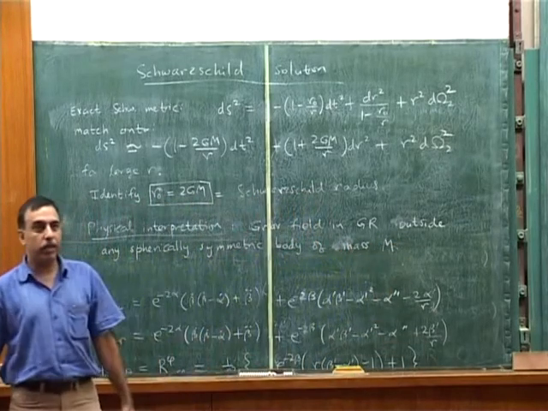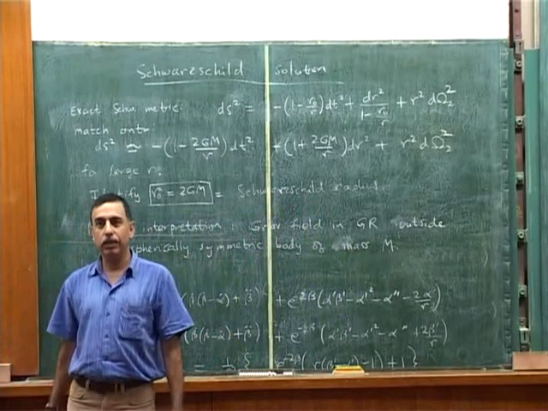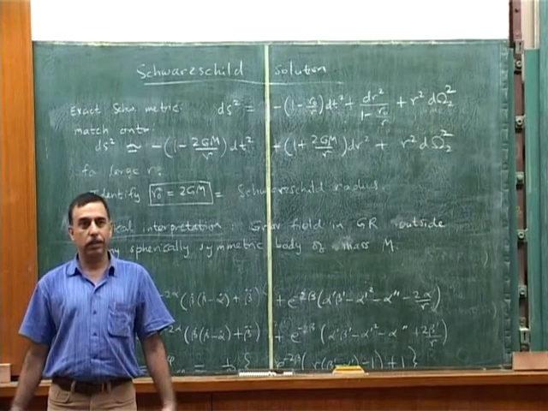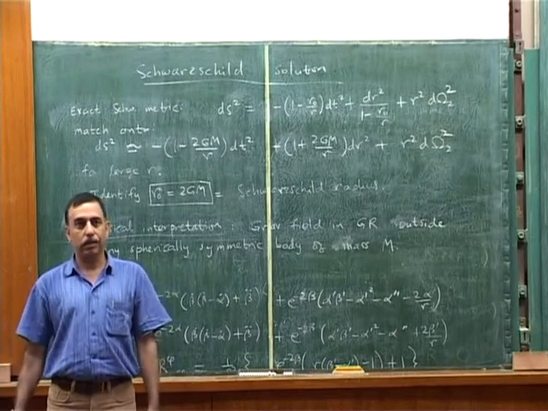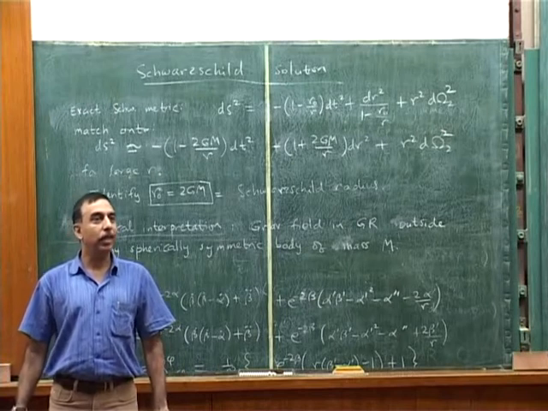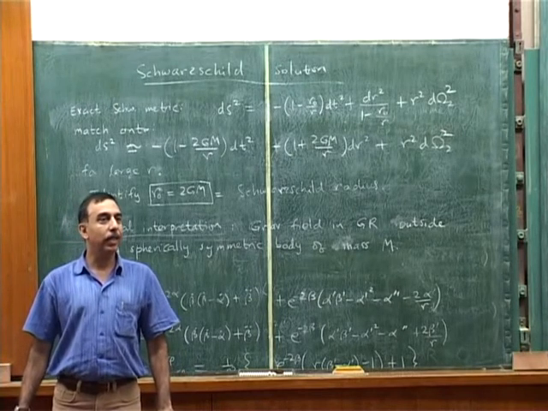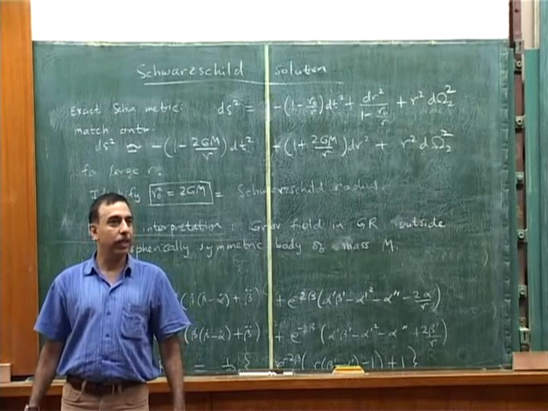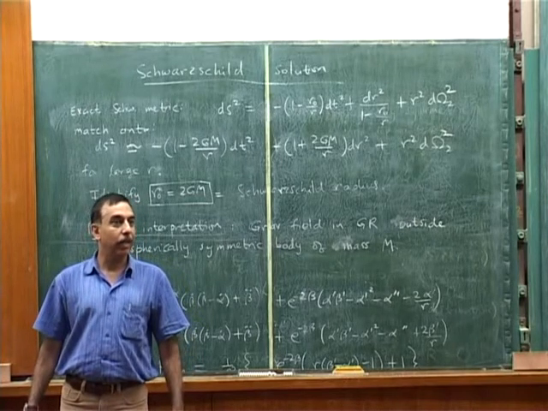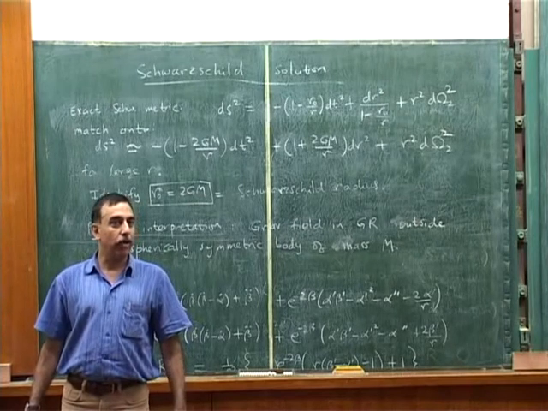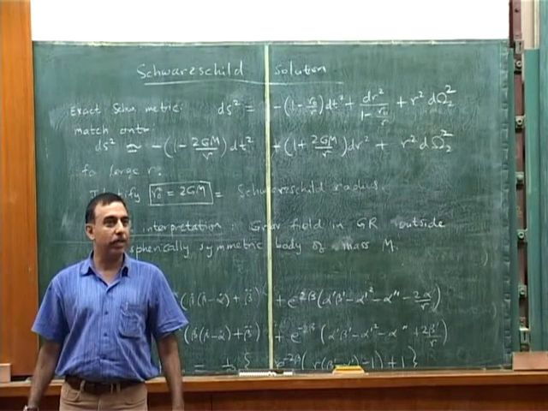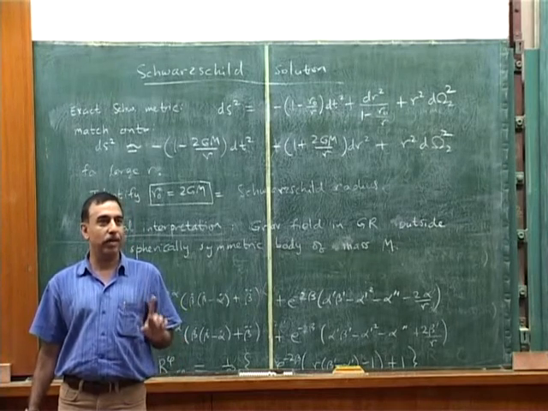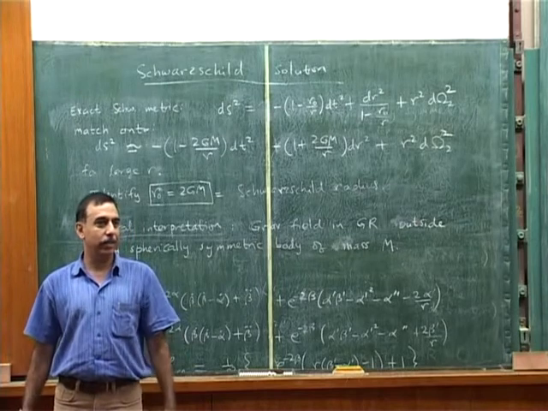So does it describe the gravitational field outside the Earth, for example? Yes or no? No. Who said no? Why? It's not spherically symmetric. Why? If you are referring to the fact that the Earth is flattened at the poles, then you are being a mathematician. The Earth is not spherically symmetric for a much more profound reason.